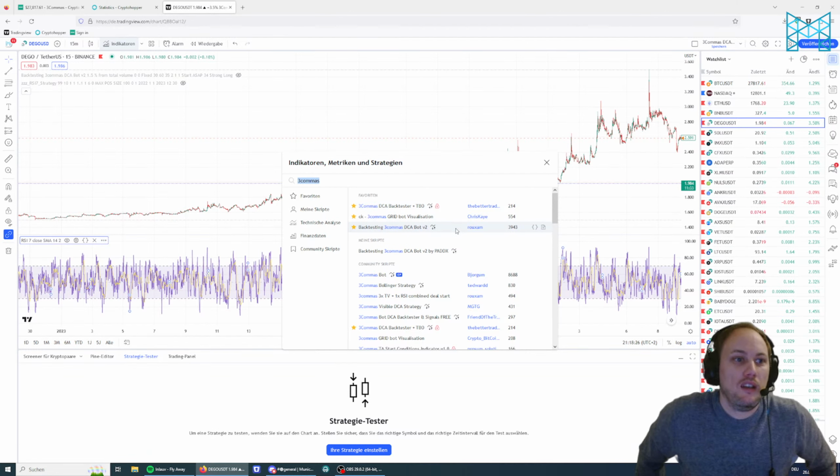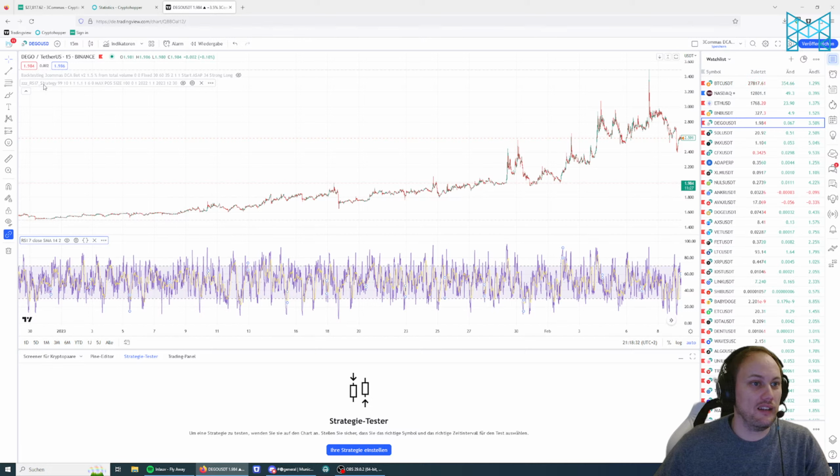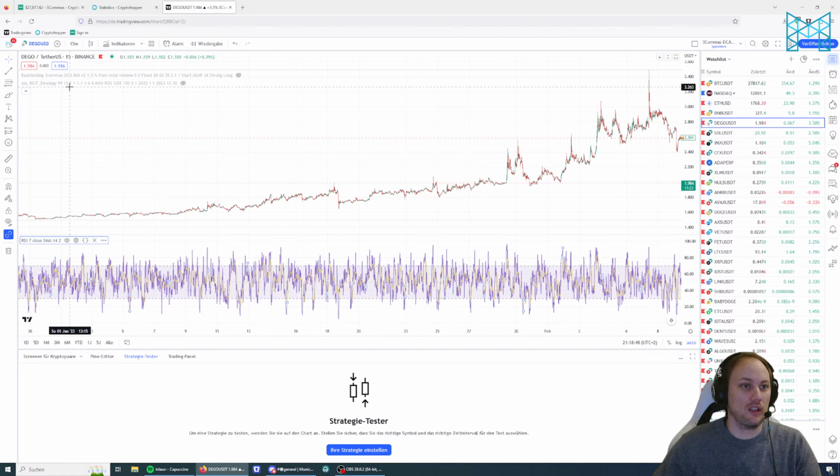And this is what I did. I found 2. One is called ZZZ RSI 17 strategy 99, for example. You can cut it off because this is a number I typed in. So this is one, the RSI 7 strategy, and the backtesting 3Commas DCA bot V2.